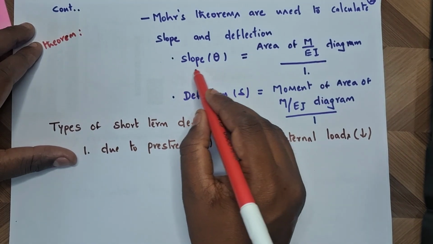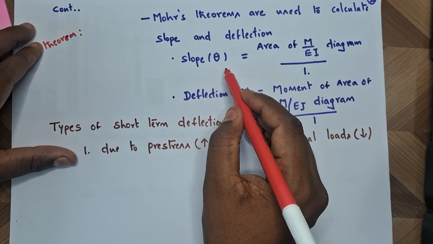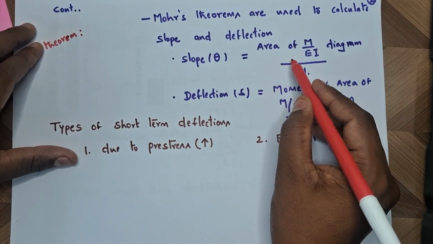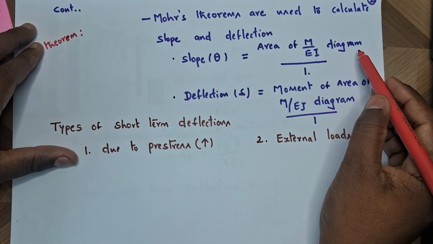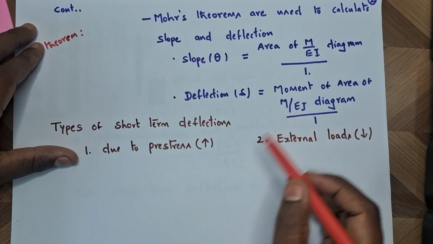Right? The change in slope between 2 points is equal to the area of the M by I diagram between those points.